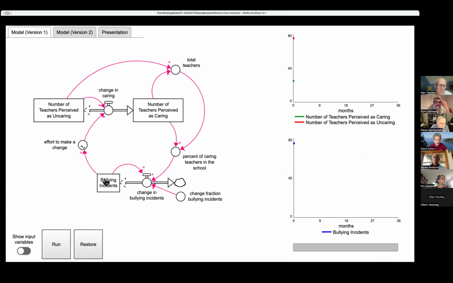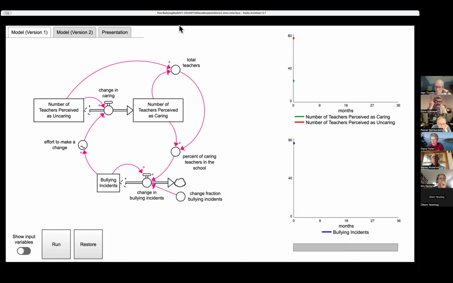It was with bullying incidents that could increase or decrease, so it's a biflow, and number of teachers perceived as uncaring and number of teachers perceived as caring. And this obviously can flow back and forth. And then we added up these teachers into total teachers. The more bullying incidents, we figured the school was going to try to make more change, somehow working with the teachers and try to essentially move uncaring teacher environments over to more caring environments.